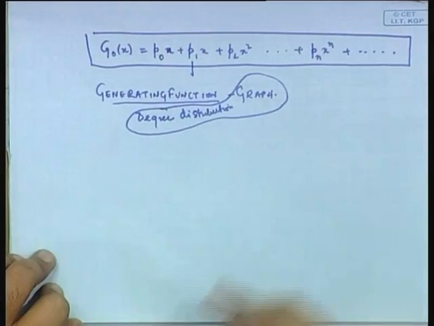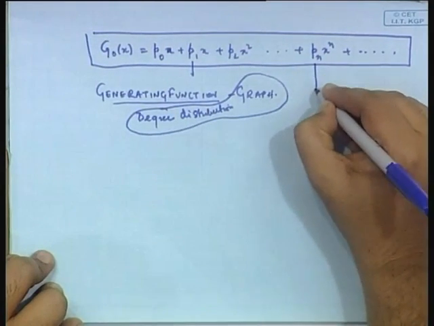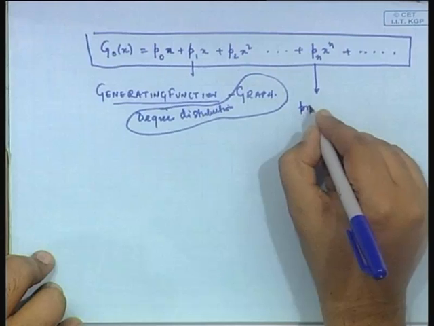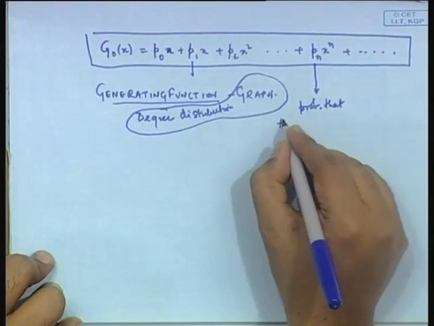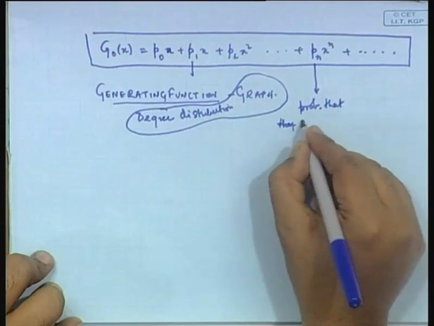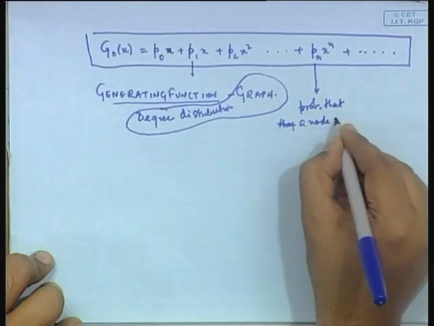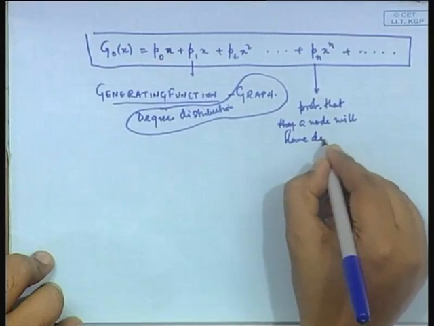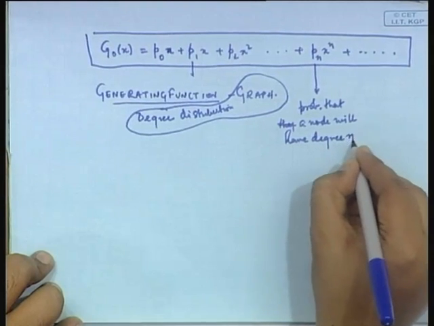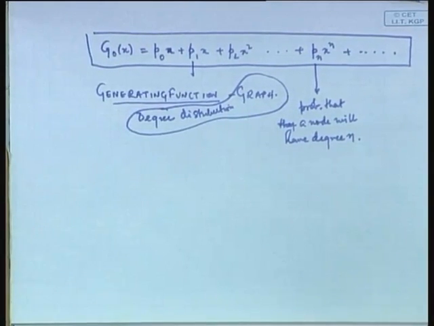Where p k or p n is the probability that a node will have degree n. Okay.